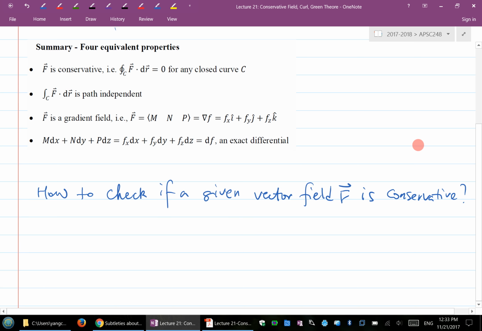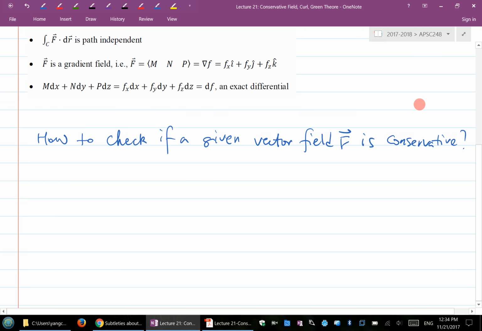If you're given a vector field and you look at it by observation and find that this vector field comes from the gradient of a certain scalar function, then problem solved. You know it's conservative. But sometimes it's not so intuitive or straightforward to identify a potential function directly. So we need a more systematic approach to check whether this vector field is conservative or not.